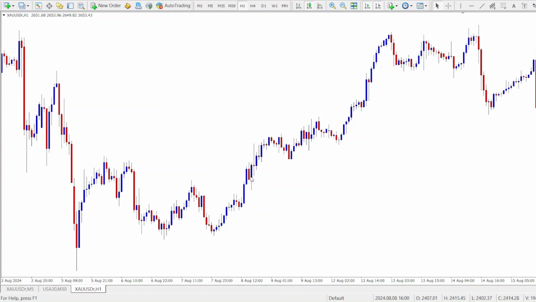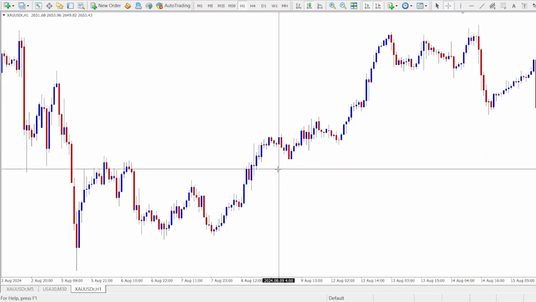Okay, we can see another bullish engulfing, just like I said, that in a buy trend, you can find the bullish engulfing representing a continuation. You can see that right after the sell candle, the bullish engulfing formed, representing a continuation in the buy trend.